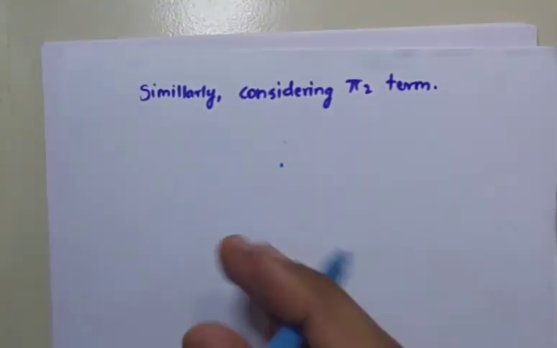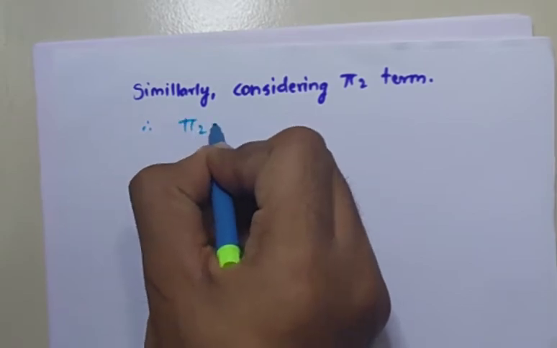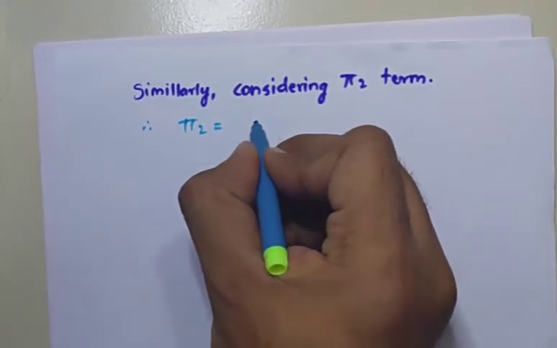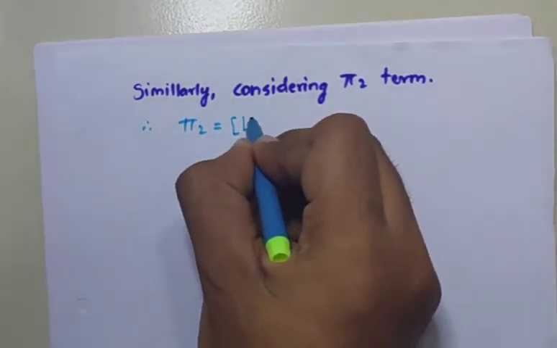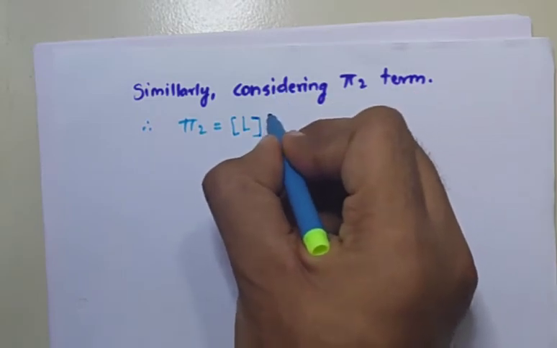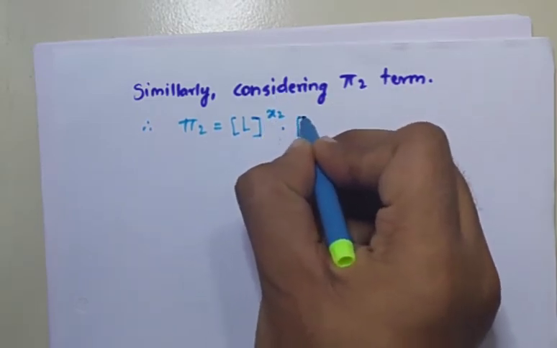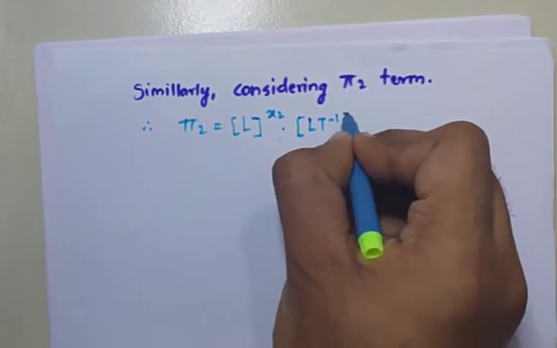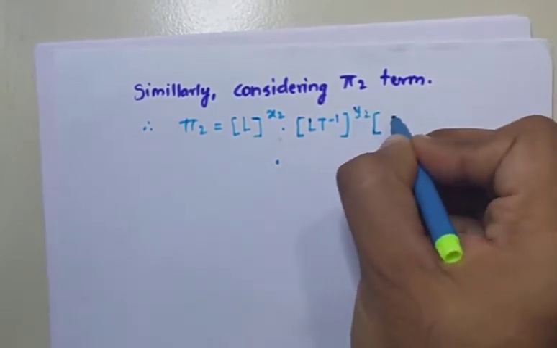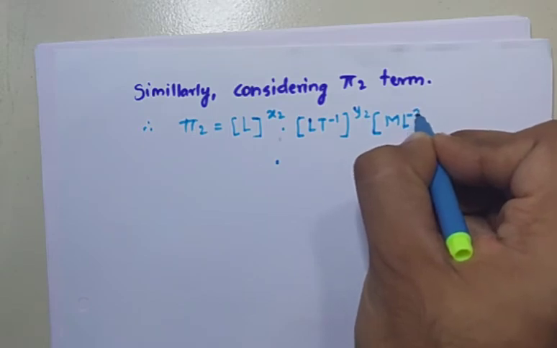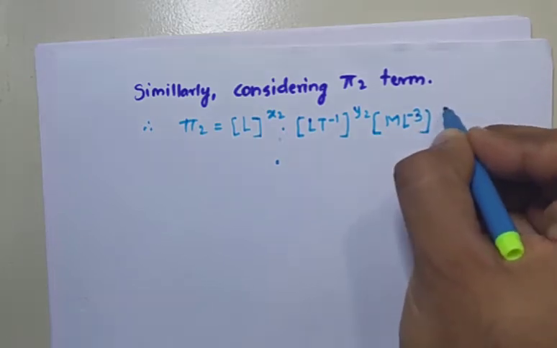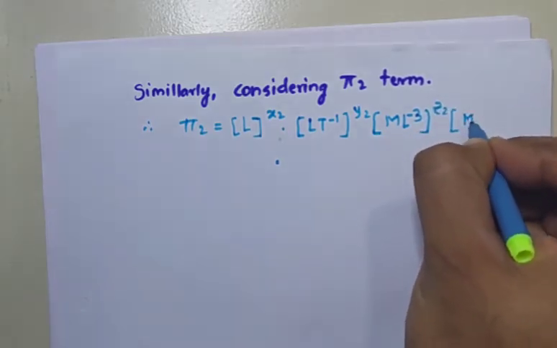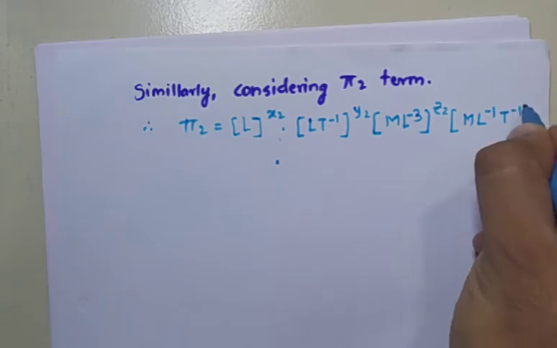Now similarly, considering pi 2 term. So therefore pi 2 is equal to D raised to x2, LT minus 1 raised to y2, ML raised to minus 3 raised to z2, ML raised to minus 1 T raised to minus 1.